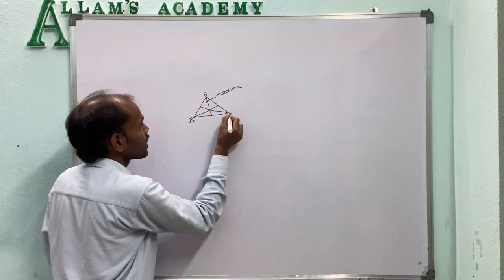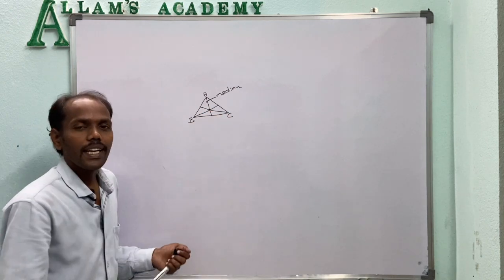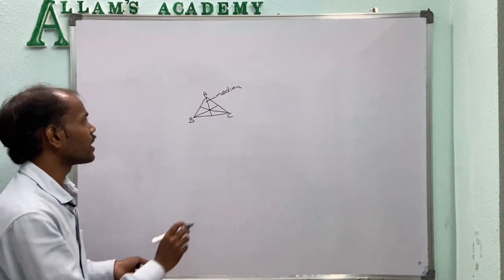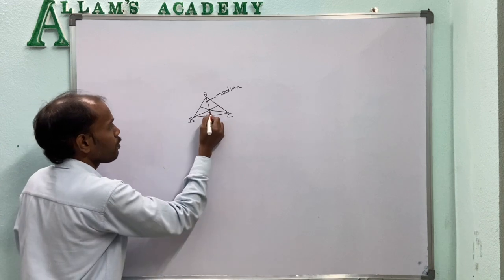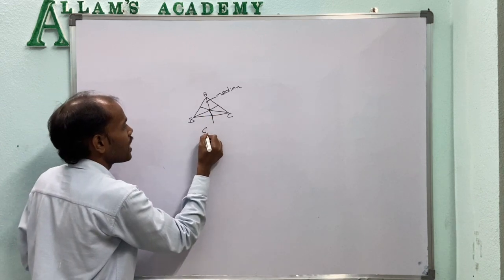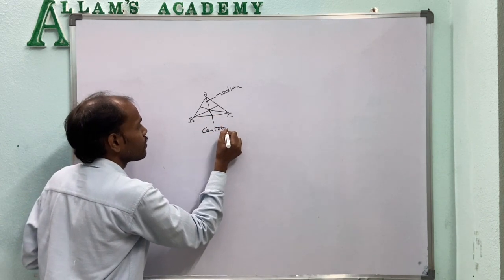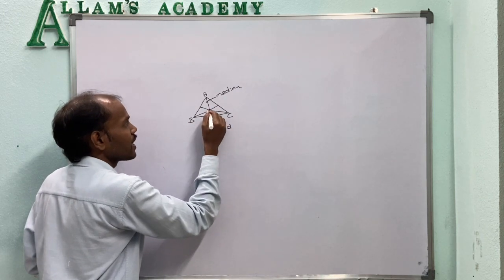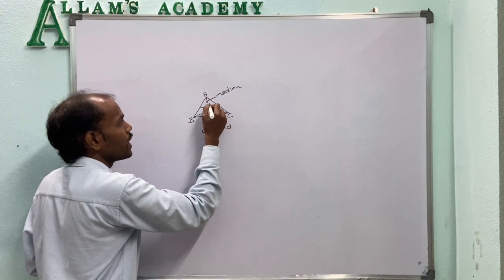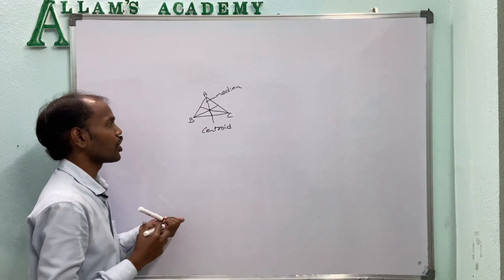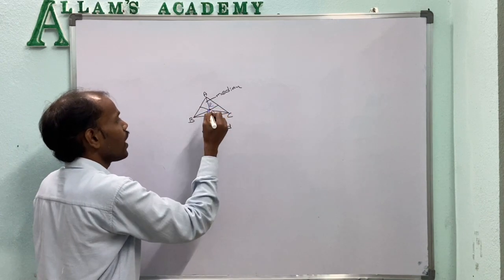Now the 3 medians will intersect at a point, and the intersecting point is called the centroid, and this centroid point divides the median in the ratio 2:1.